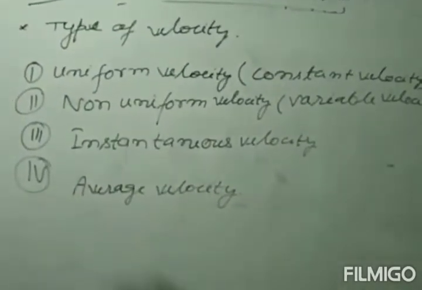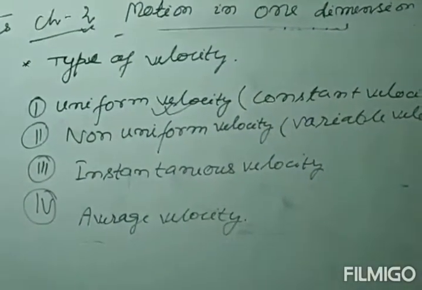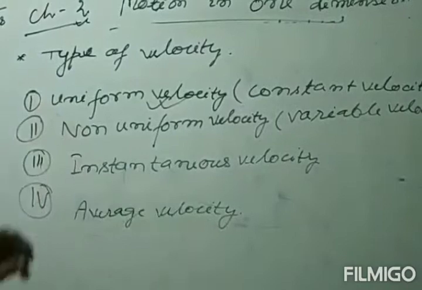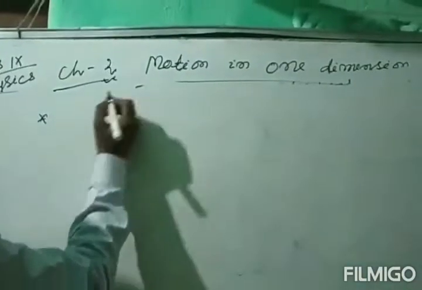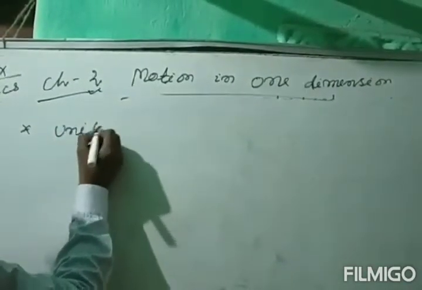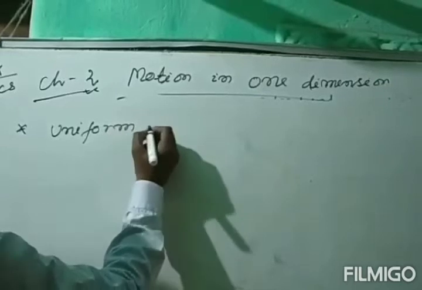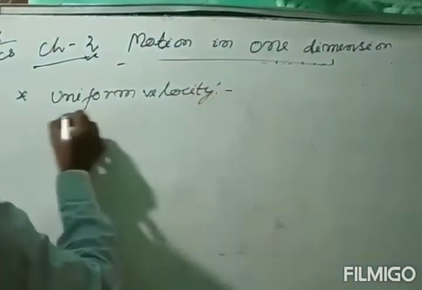So let us start with the first type of velocity, uniform velocity. What is uniform velocity?